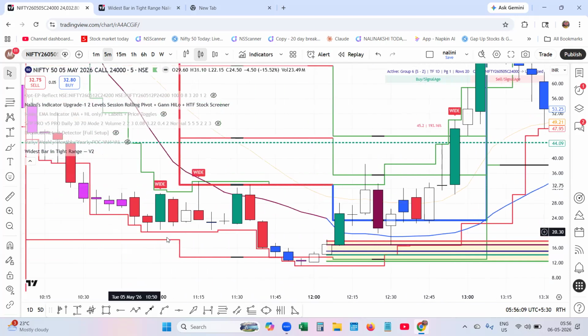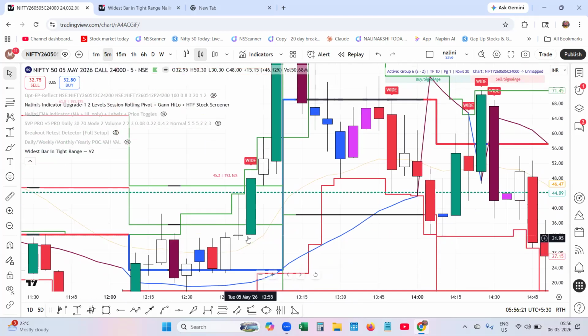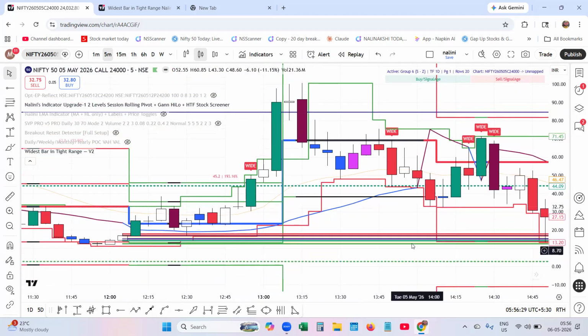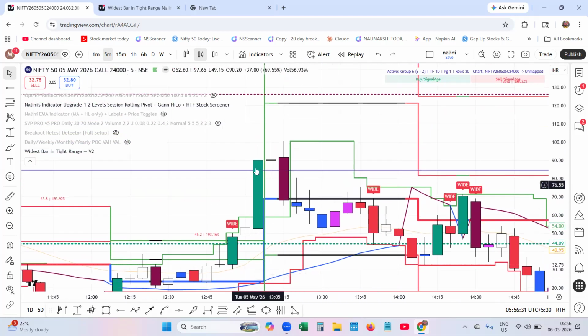The market started closing above the noon pivot, and you can see a bar, and when it started consolidating in this range, a wide range bar was formed over here. On the 5 minutes chart, a wide bar range has been formed, and it moved up to 96 rupees.